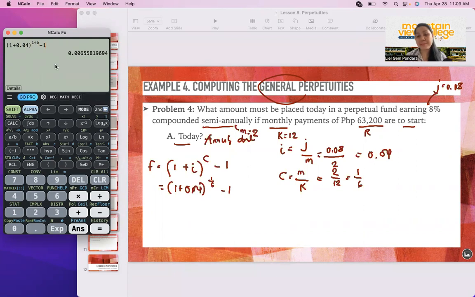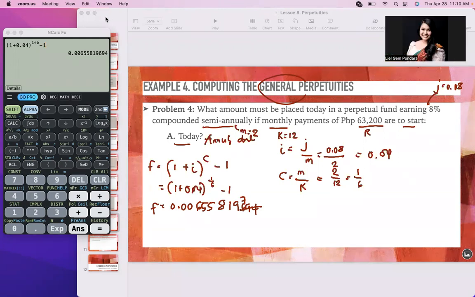There. Copy all. So our F is 0.00655819694. In the book, it ends here. Okay.